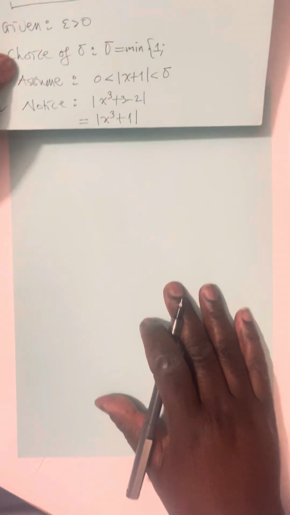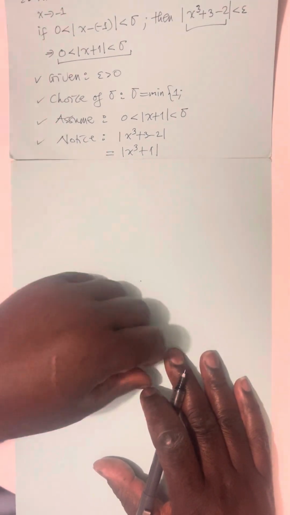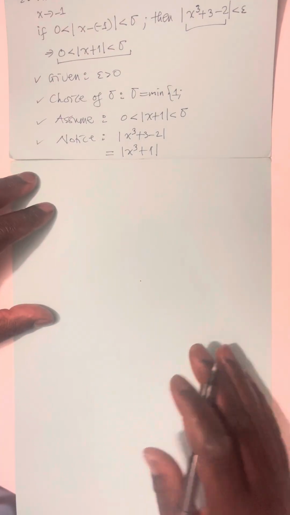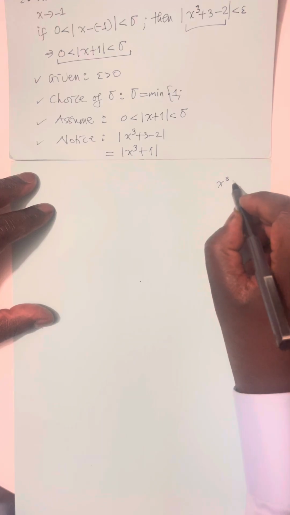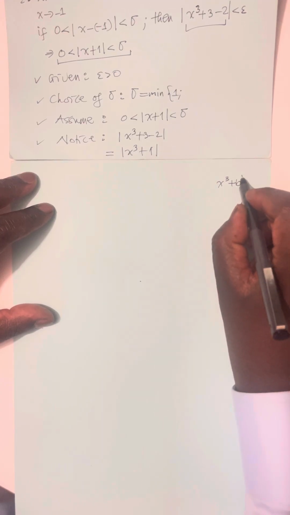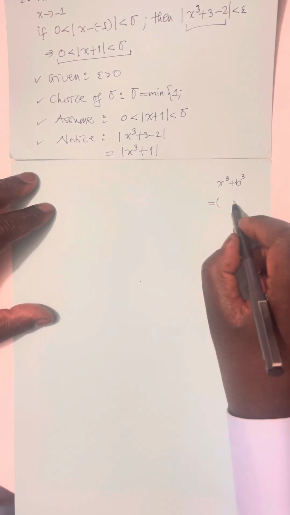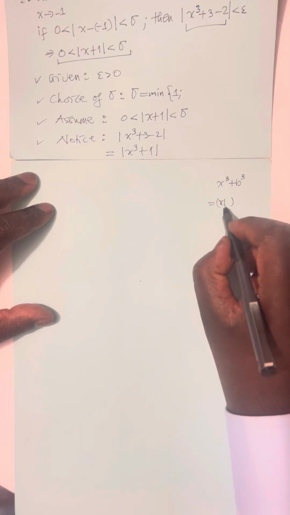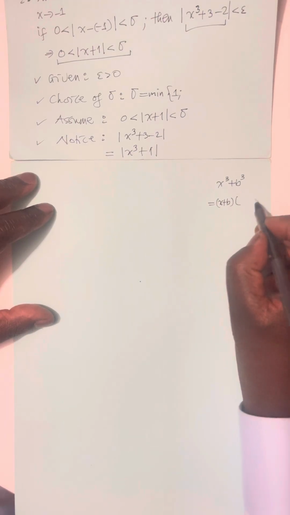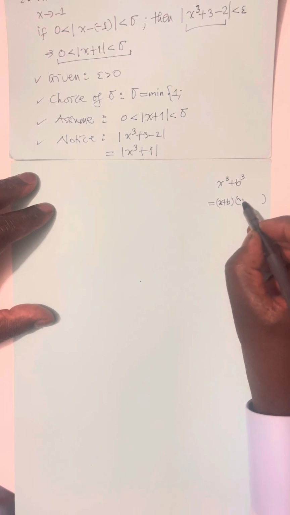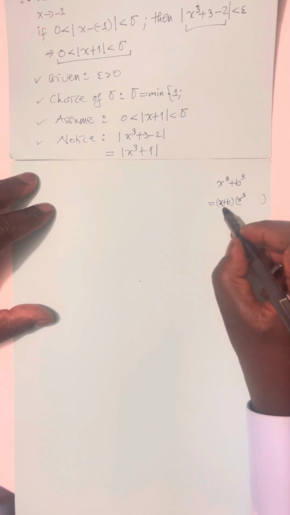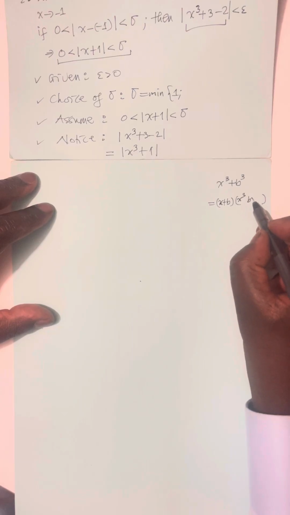From the lower classes, you must have come across this, that if you have x to the power 3 plus b to the power 3, it is just x plus b in one bracket, the other bracket should contain x multiplied by itself, which is x squared, x multiplied by b is bx.